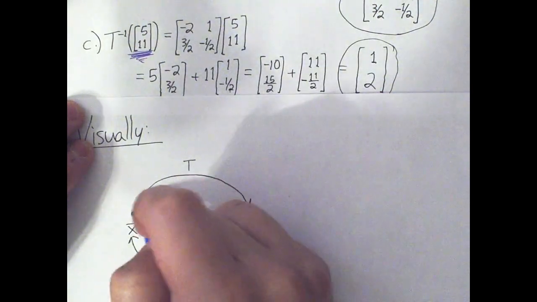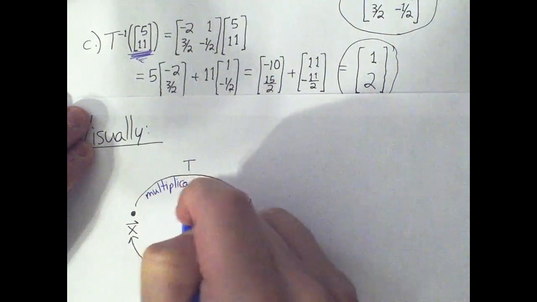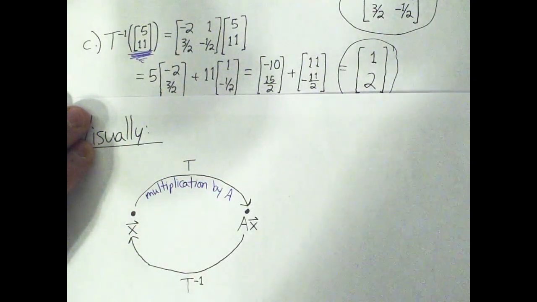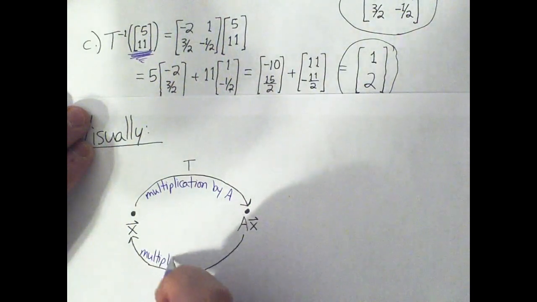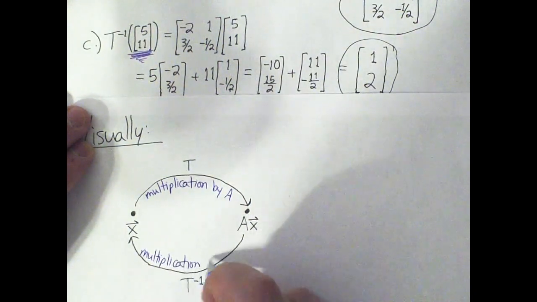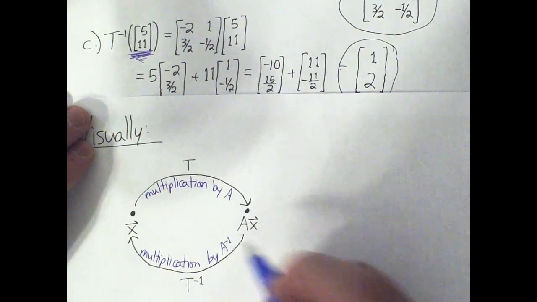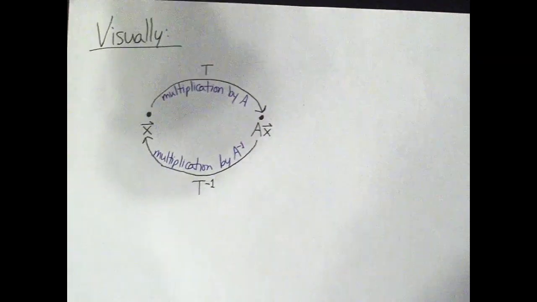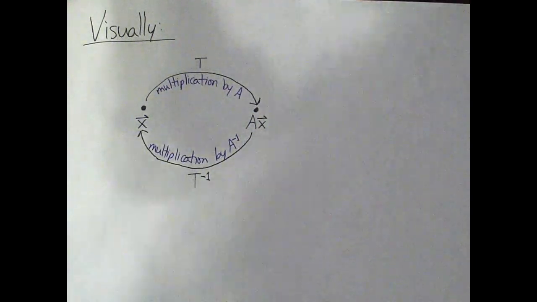Practically, you could think of this as up top is multiplication by A, and on the bottom, it's multiplication by A inverse. That's just a little way of visualizing how a linear transformation works and how its inverse works.